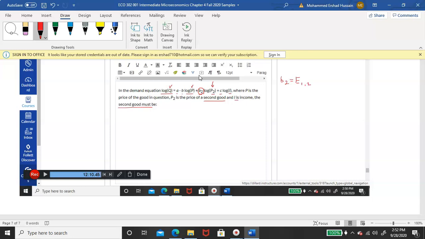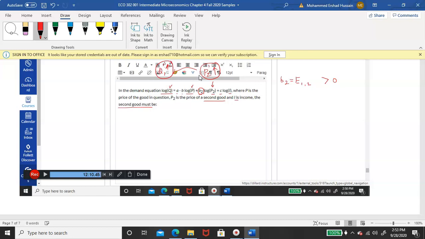And this cross price elasticity is positive. What does that mean? It means that if P2 increases, people will switch to good 1, and as a result demand for good 1 will increase.